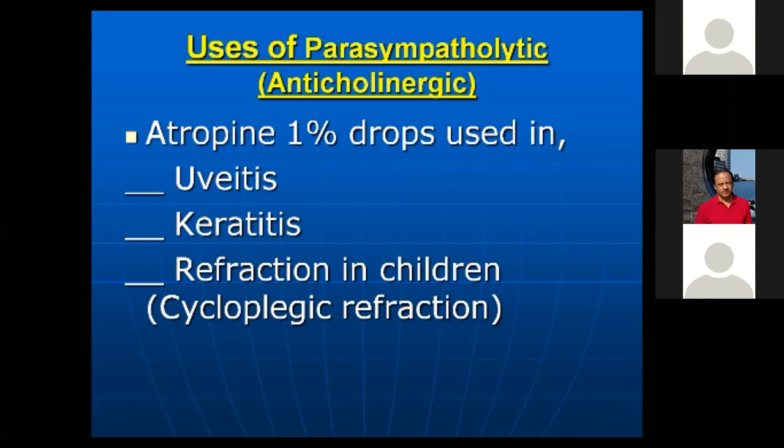And the third important use of atropine drops is when you want to do refraction in children, then you put drops in the eye in order to dilate the pupil and to do cycloplegia. That is complete paralysis of the ciliary muscle. So in these three conditions, you use atropine 1% drops.